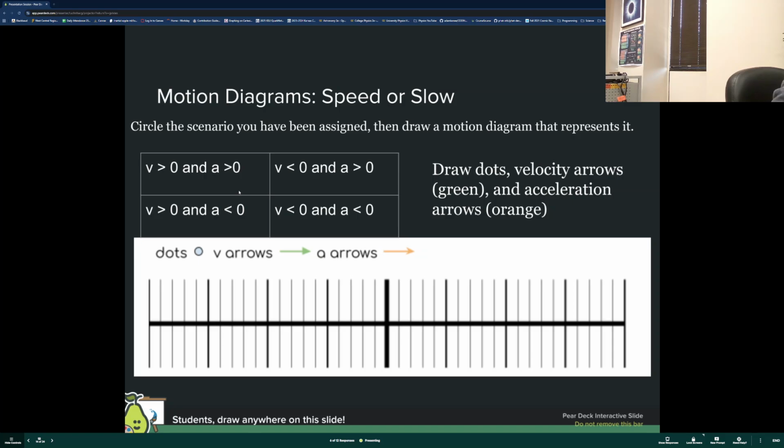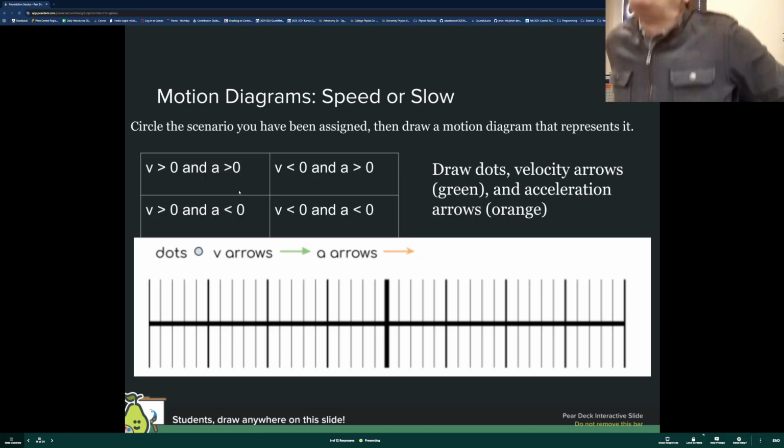I don't pay particular attention to how long the acceleration vectors are, but they do go on each dot, or I guess, by each dot, because formally it's going in between the velocity vectors. And where do we have in between velocity vectors? We have them at the dots.